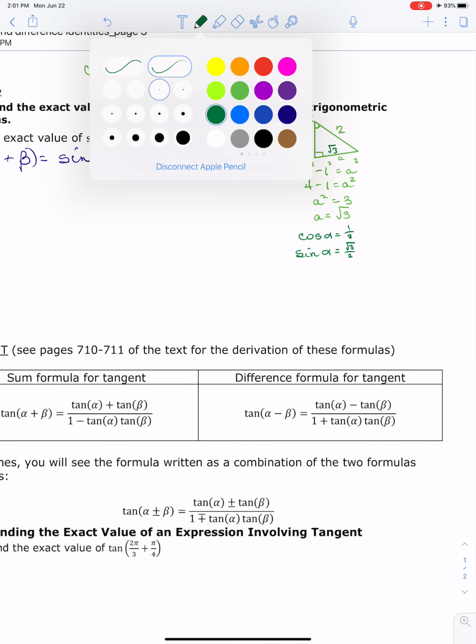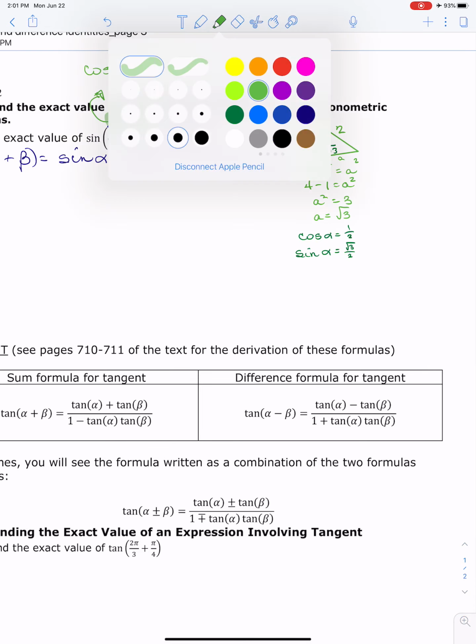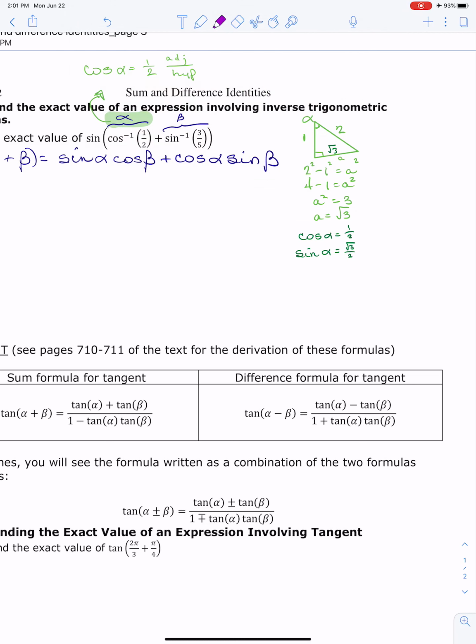I am going to do the same thing for beta. We'll stick our beta in purple. Again, it doesn't really matter what the orientation of my triangle is, as long as I draw it so that I've got that right angle in there. I know that the inverse sine of 3/5 is my beta. That means that sine of beta is 3/5. Sine is opposite over hypotenuse.